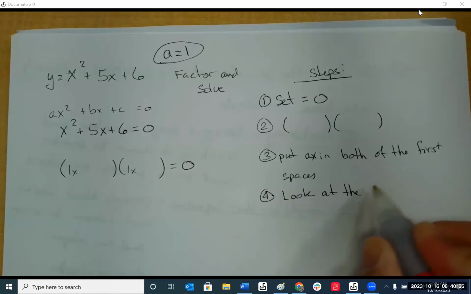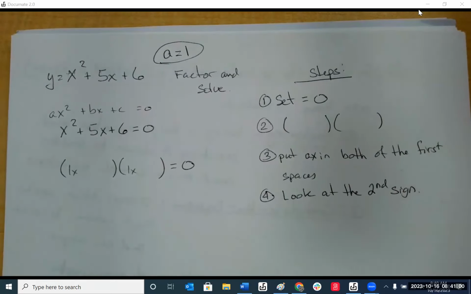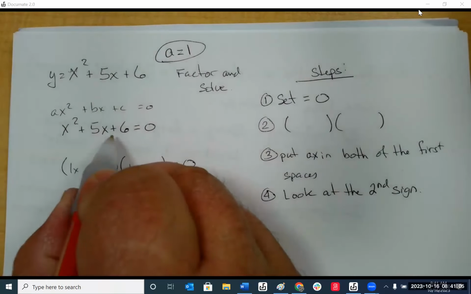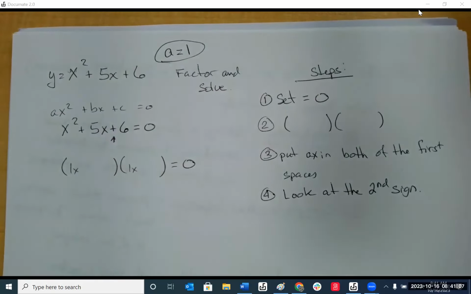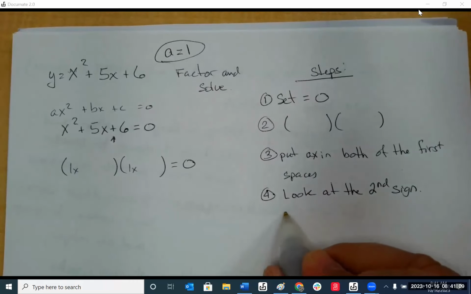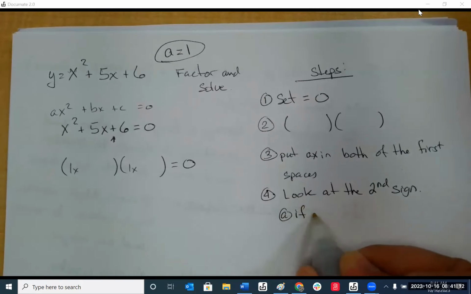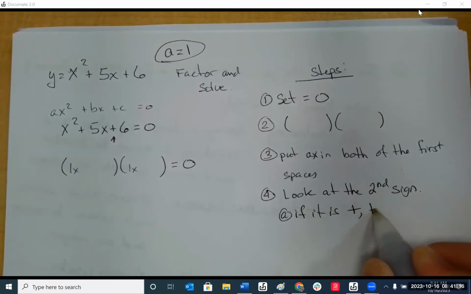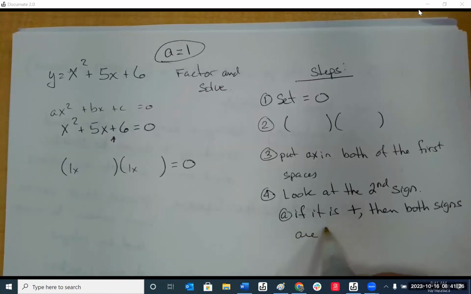Look at the second sign. This is the second sign. If it is positive, then both signs are the same.